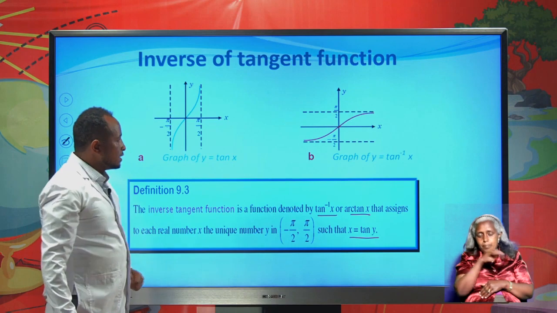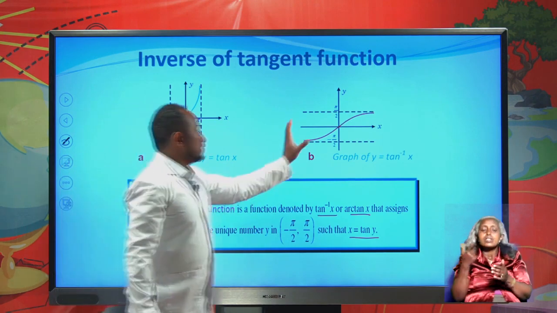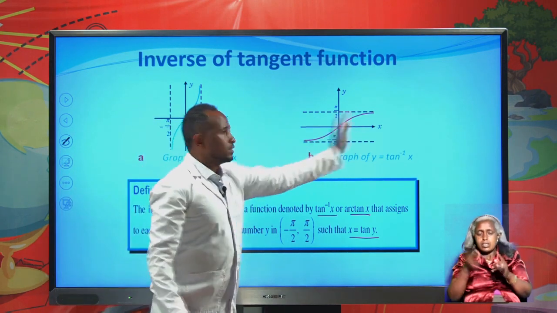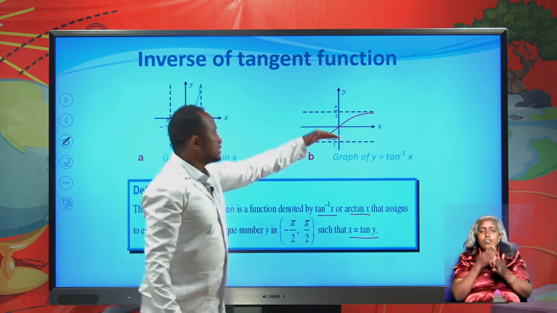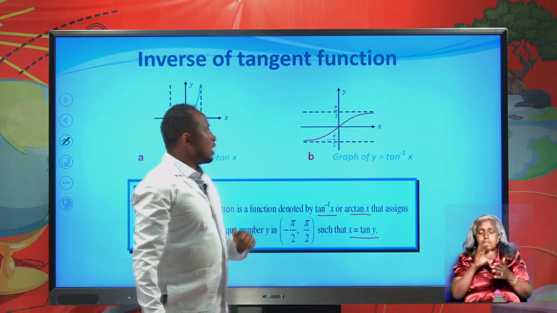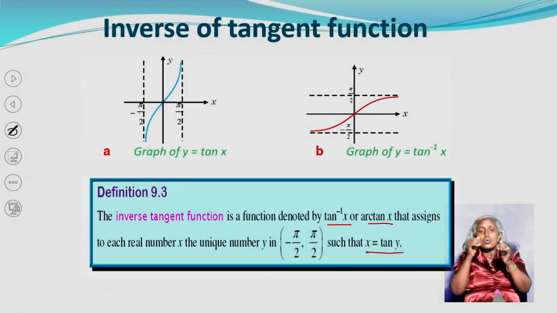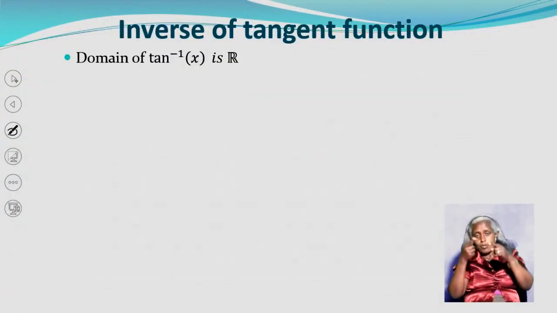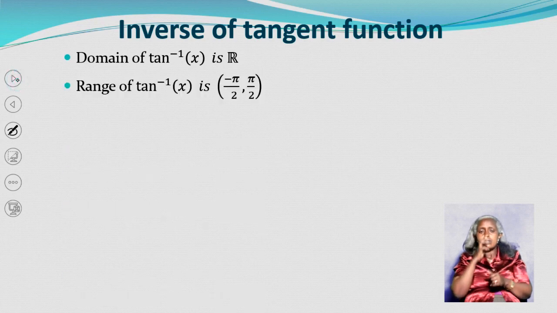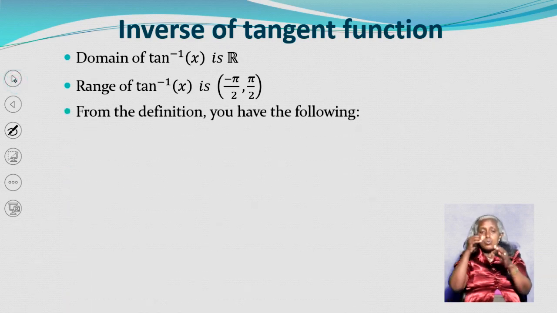As you can see, the domain of tan inverse is the set of real numbers. Its range is between negative pi over 2 and pi over 2, not including negative pi over 2 and pi over 2.